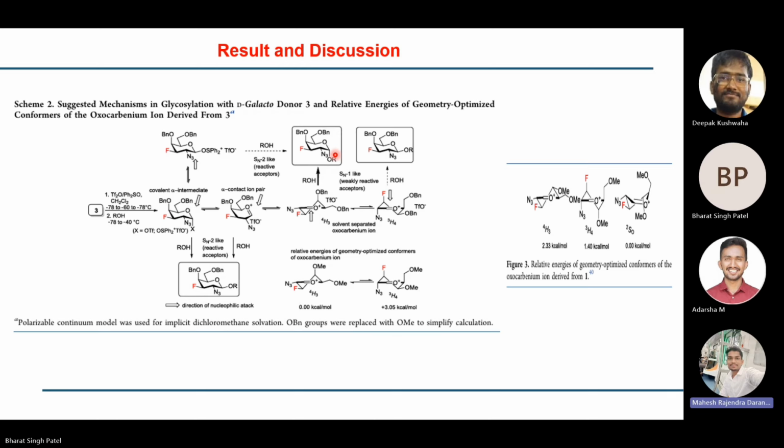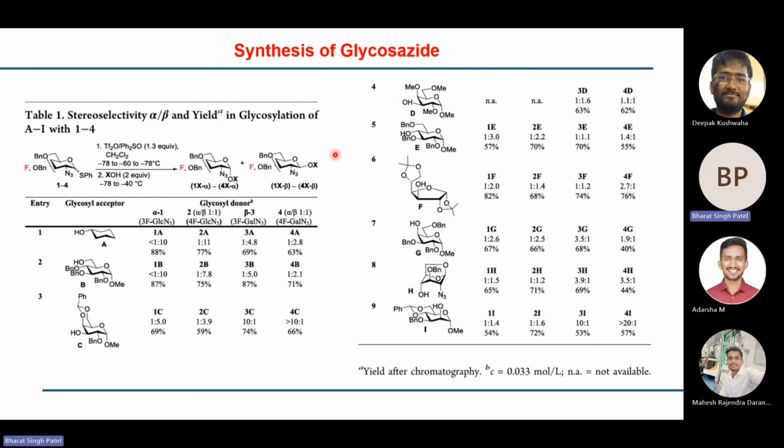Alpha and beta both, right? Sometimes beta also. What I'm telling is, if you see here, in these two galactose cases, beta is more. Oh, okay, got it. With the primary hydroxy, the nucleophilicity of the acceptor is more, so it is going through the alpha triflate only.